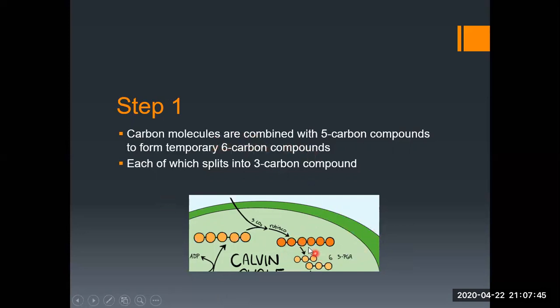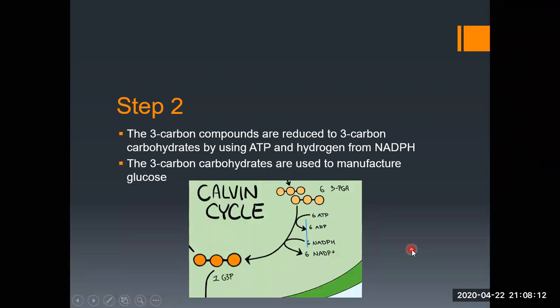This 6 carbon compound is split from here, and each part splits into 3 carbon compounds. Now as a result, we got these 3 carbon molecules. Our first step is completed. In the second step, what happens?